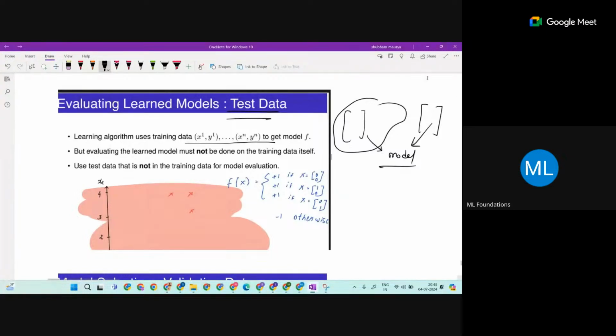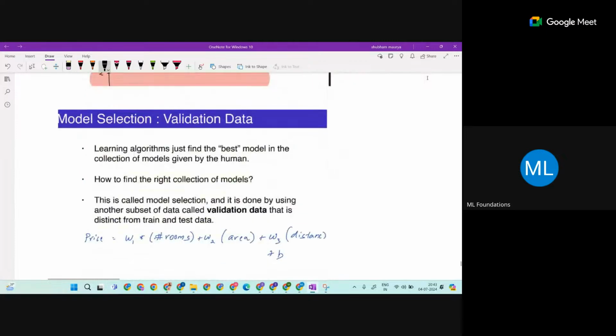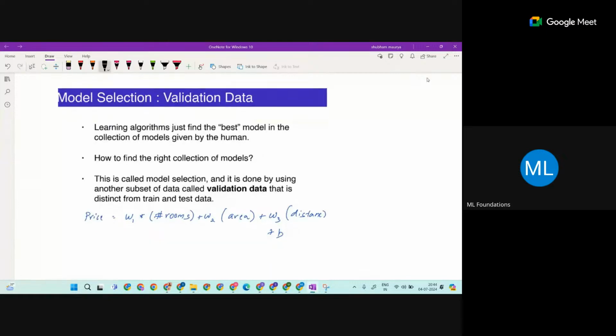After testing, you may create a set of models, f1, f2, f3, and whichever model is giving less error, we'll choose using some other data, different from training and test. Some part of the data is used to select which model gives less error. That is validation data. This is called model selection. We'll use that data to select which model we're going to use in the further process.